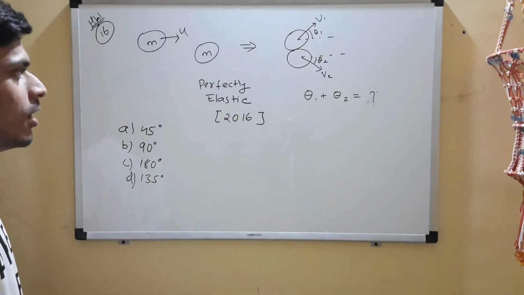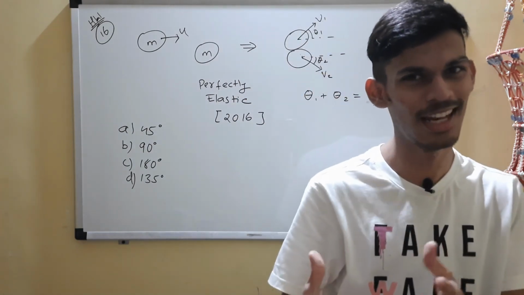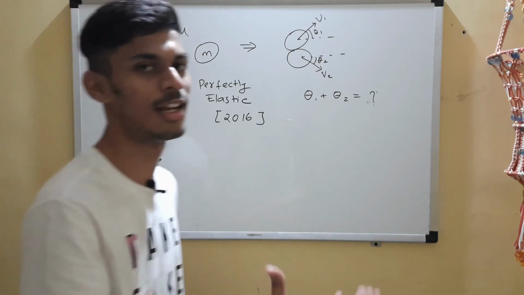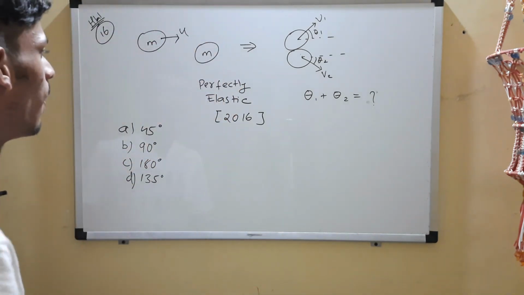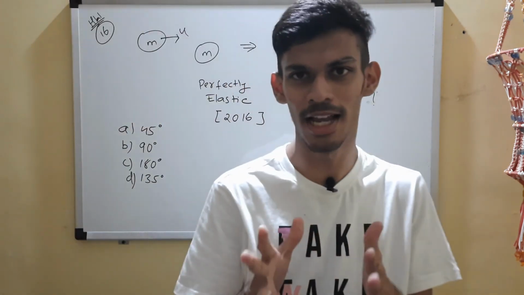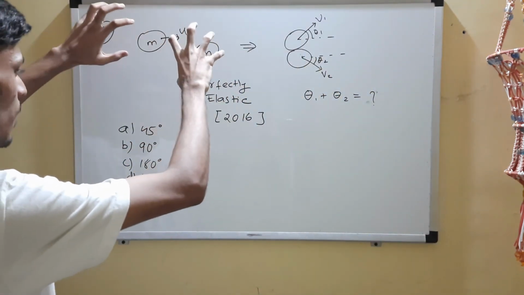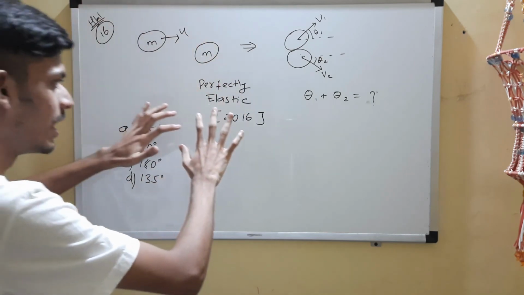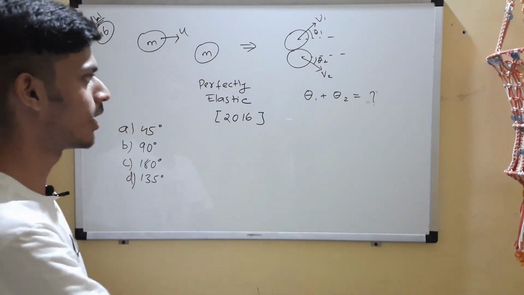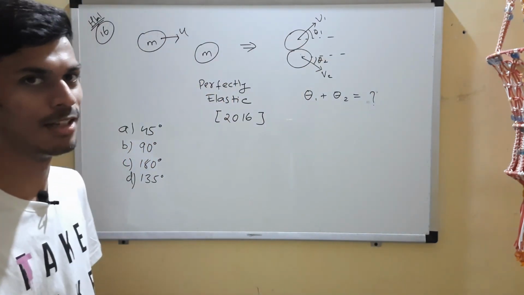Okay, now this is a very standard question. It is also there in your NCERT, but do give it a try before looking it up over there. Whatever result you get in this question, you are supposed to learn it by heart in this format: when two equal masses undergo perfectly elastic collision, their final velocity vectors make an angle of dash with respect to each other.